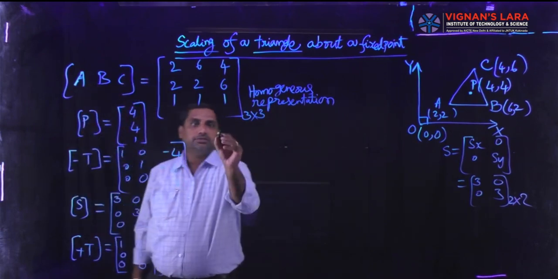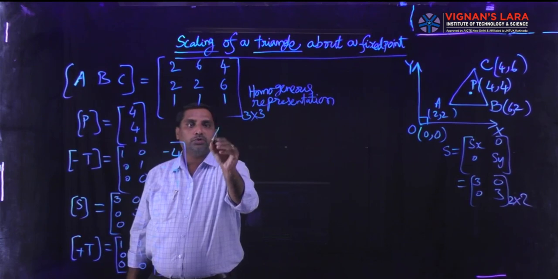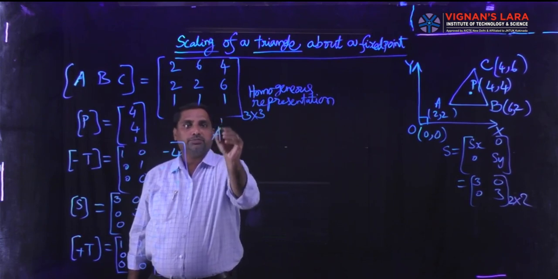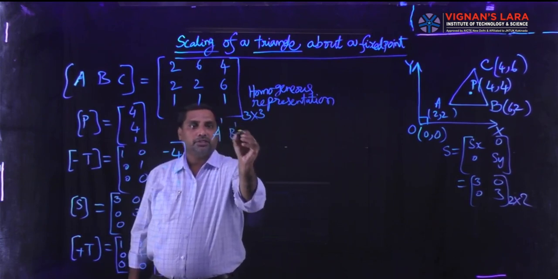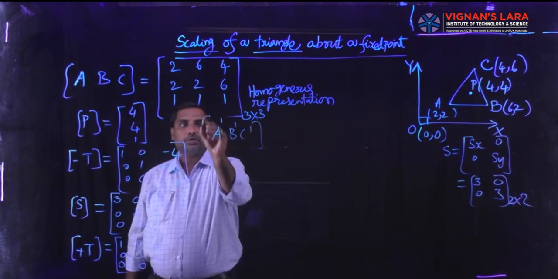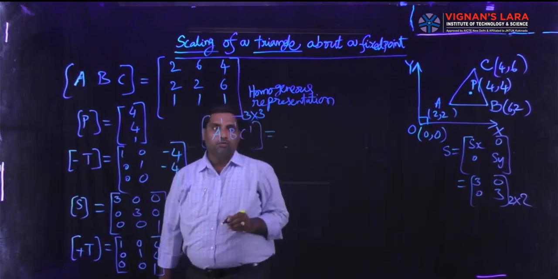The final position will be A dash, B dash, C dash for the triangle. How do we get it?